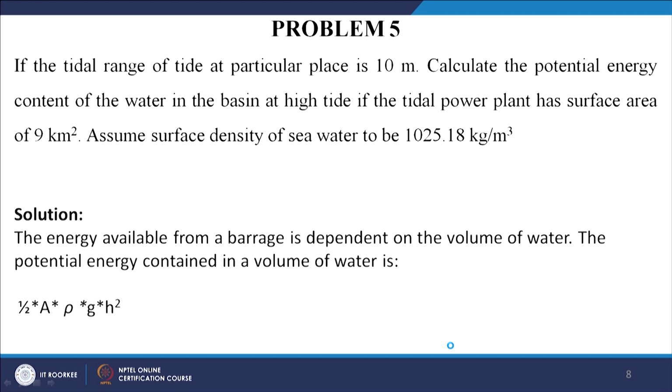Assume the density of sea water to be 1025.18 kg per meter cube. So, this is again a tidal energy problem, and it asks to calculate the potential energy content of the water in the basin at high tide if the tidal power plant has a surface area of 9 kilometer square.